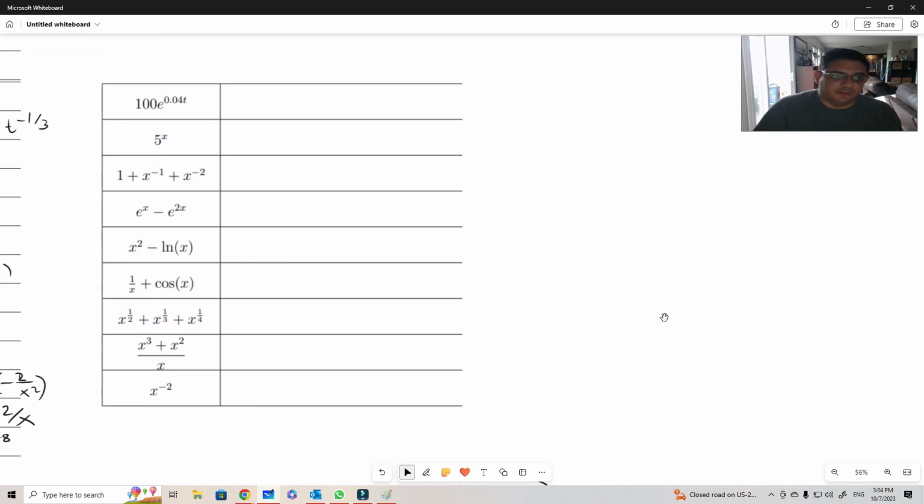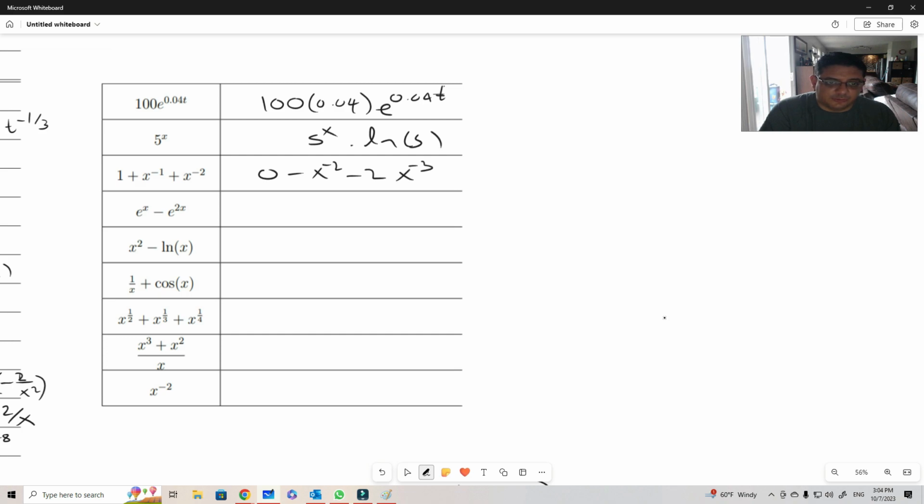Now let's move to this one here. We have this exponential here. So again, this is going to be 100. The derivative of this exponential is itself, but it's going to pull out this 0.04, so 0.04 exponential to the 0.04t. 5 to the x, same thing, 5 to the x times log of 5, and this one is 0, and this one is x to the minus 2, and this is minus 2x to the minus 3.